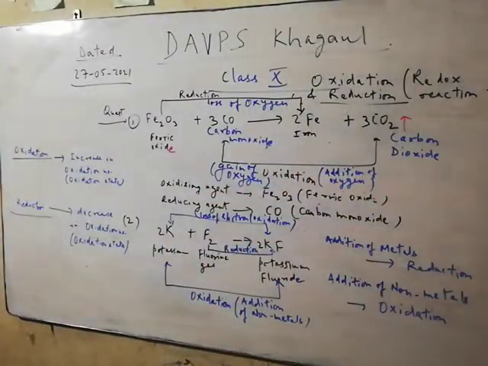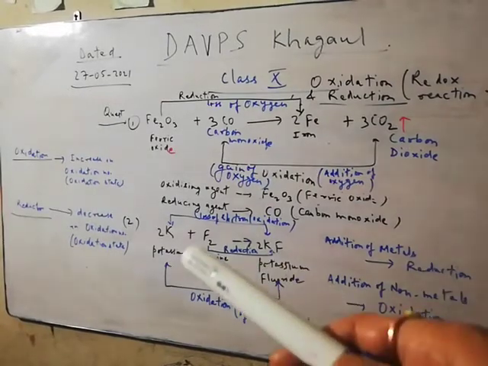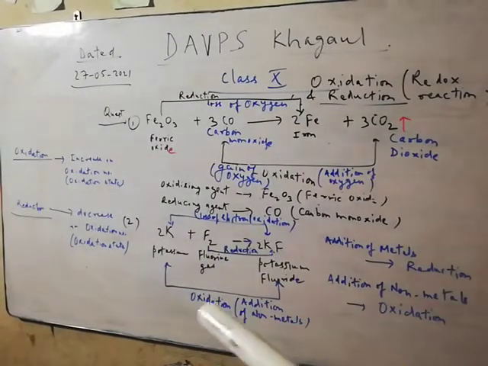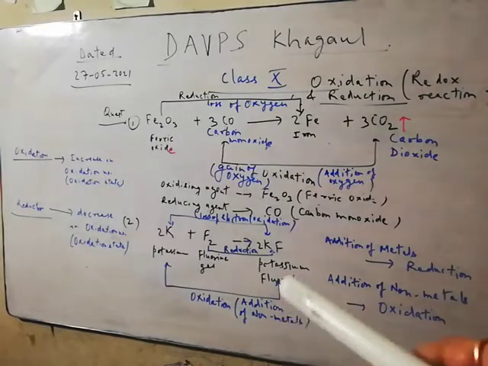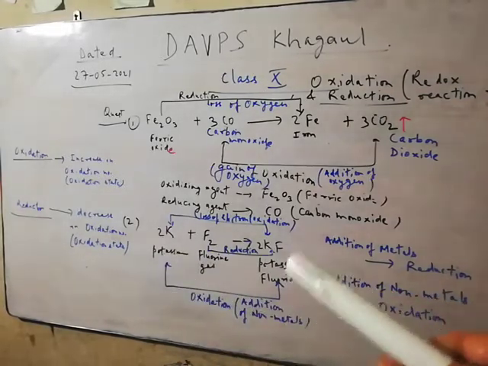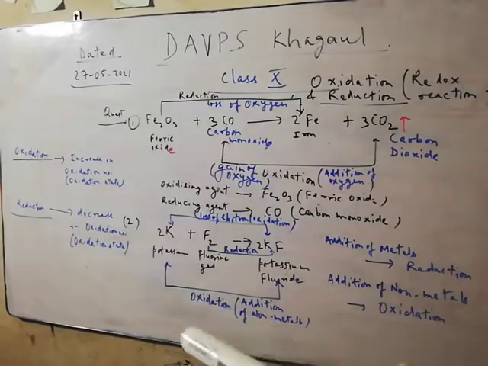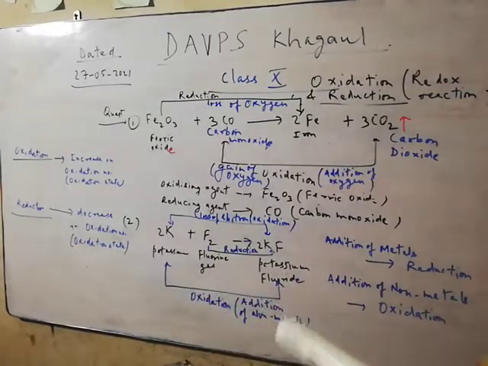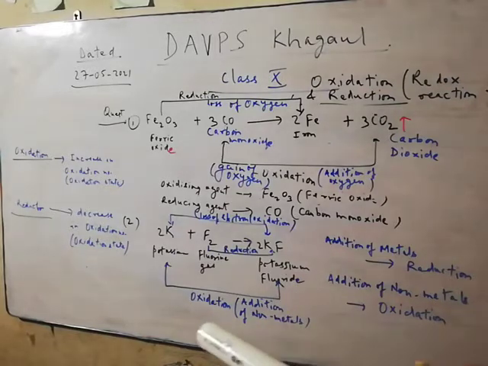This is also a definition of oxidation. So oxidation here: potassium is being added fluorine. So this is addition of a non-metal, so this is oxidation.